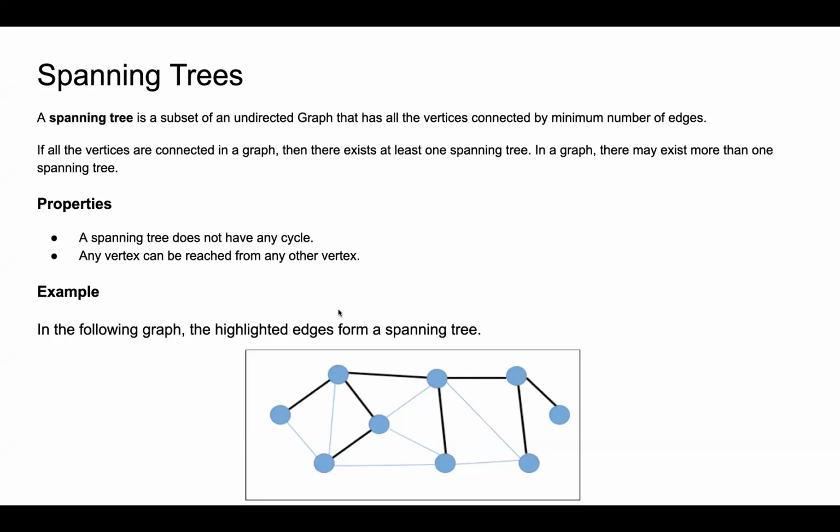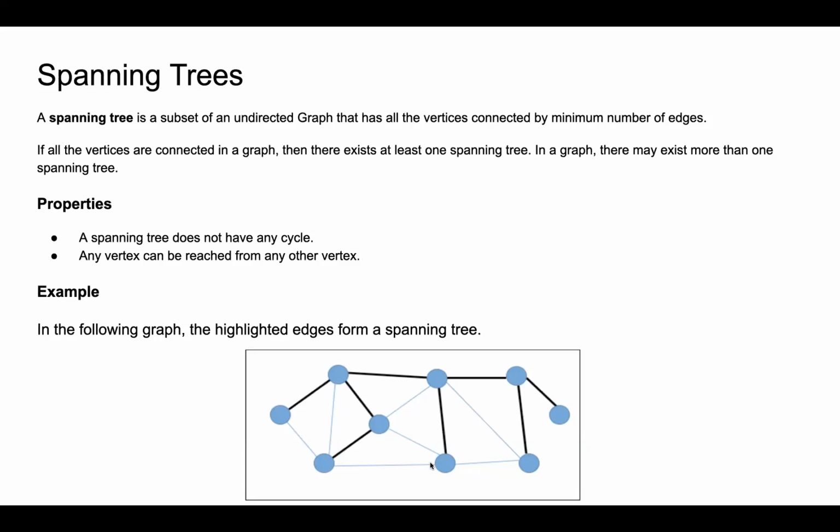Now another property a spanning tree possesses is that it should not form a cycle. Cycle means if this triangle is taken, and if this edge is also there, again we take it for the spanning tree, then it is not a spanning tree because these 4 vertices make a cycle.